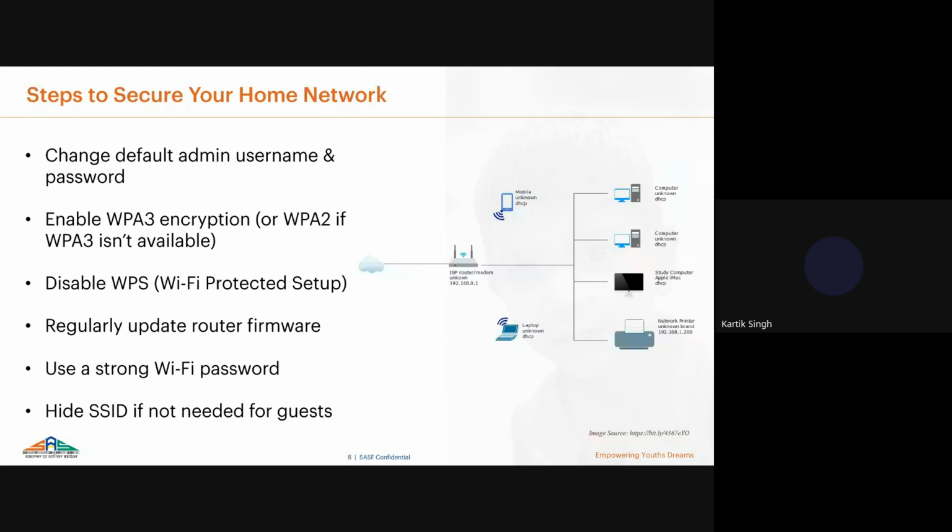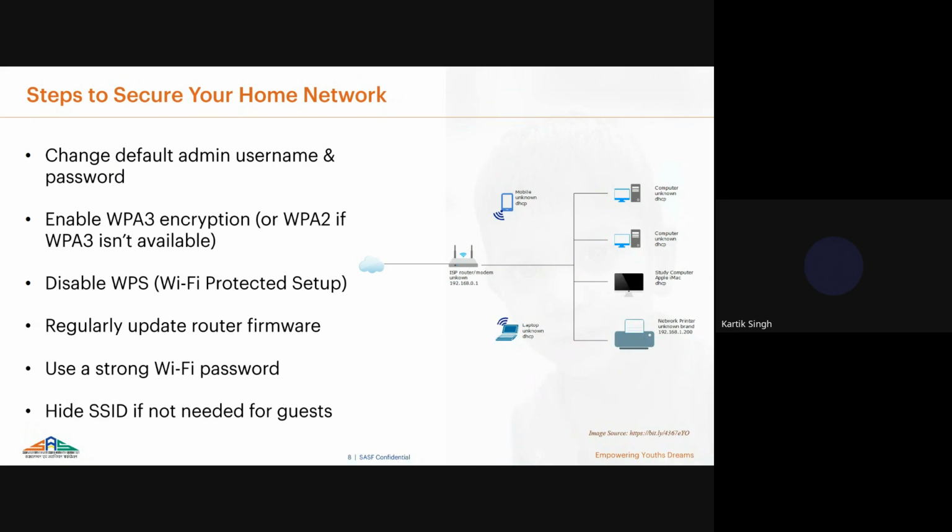Now, how can we secure our home network? First of all, we have to change the default admin username and password. Secondly, we have to enable WPA3 encryption on our Wi-Fi network. If WPA3 is not present, then we must enable WPA2. Disable WPS, Wi-Fi Protected Setup.